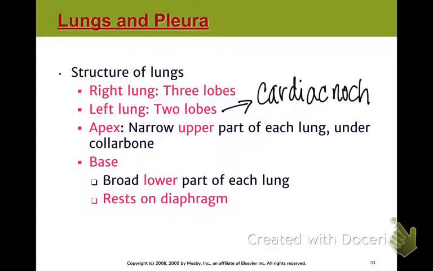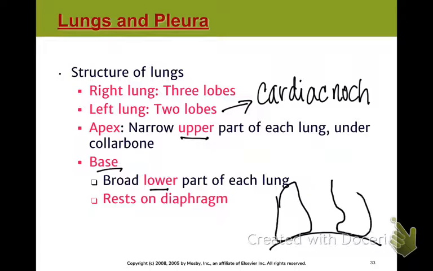The heart itself takes up some of the space of the left lung, because remember the heart sits to the left of the sternum, underneath the sternum to the left. The apex of the lungs is the upper part, and the base is the lower, broader part that sits on the diaphragm. So here's that muscle, the diaphragm, and you have each lung kind of triangular.